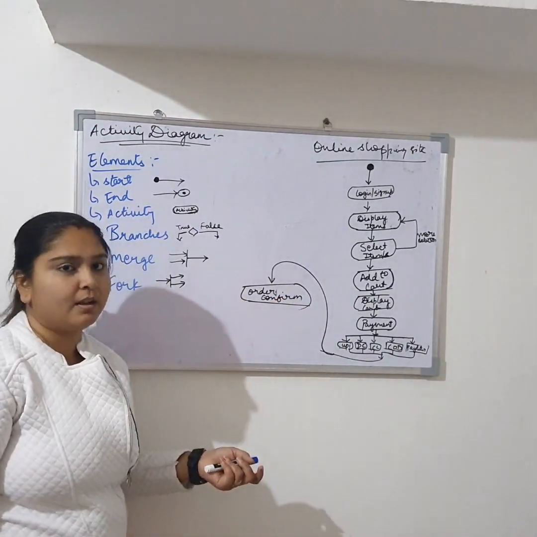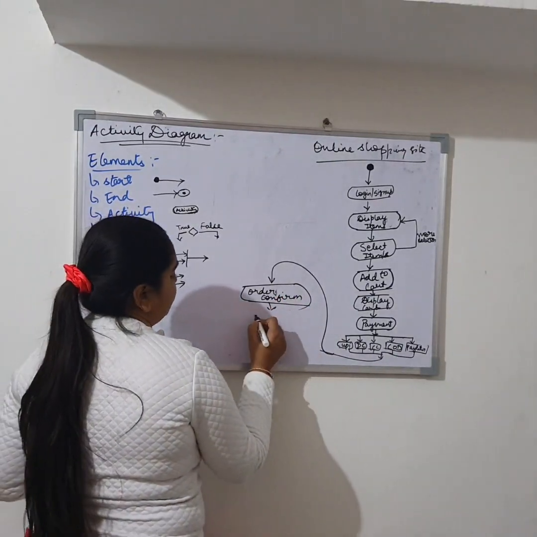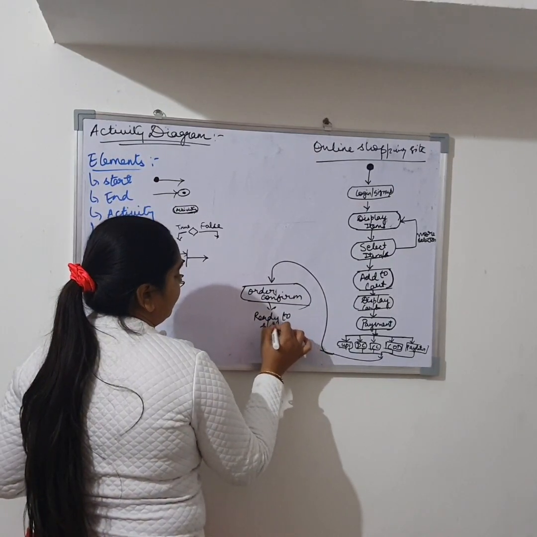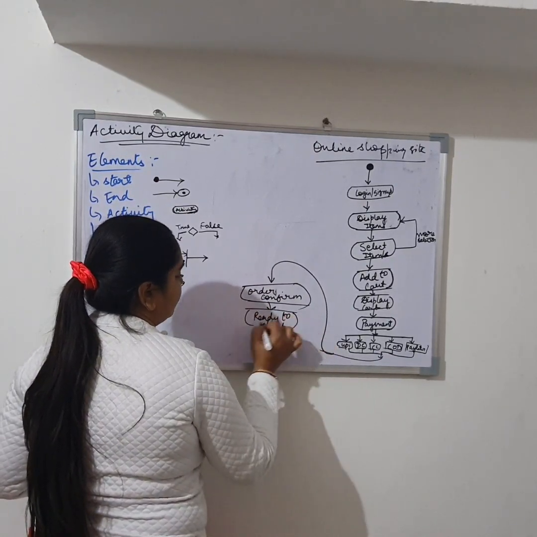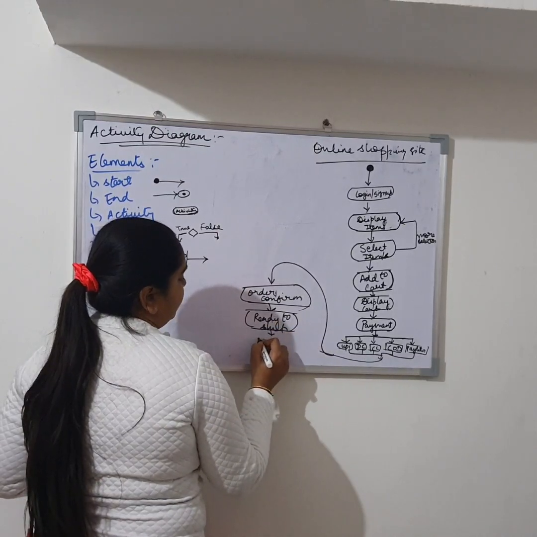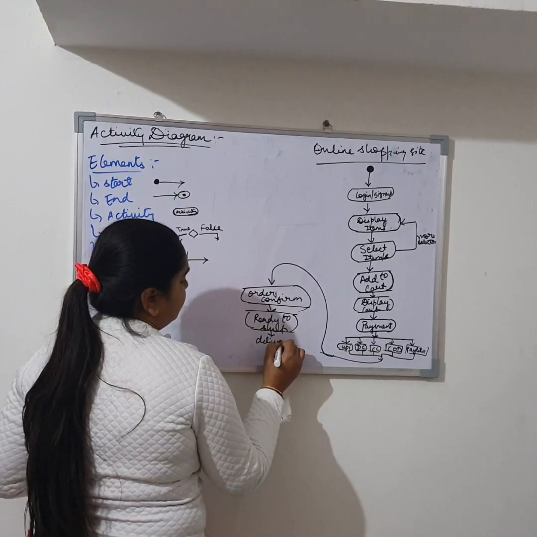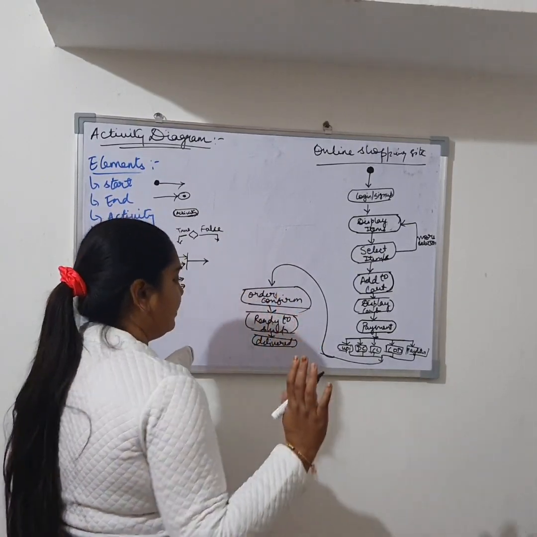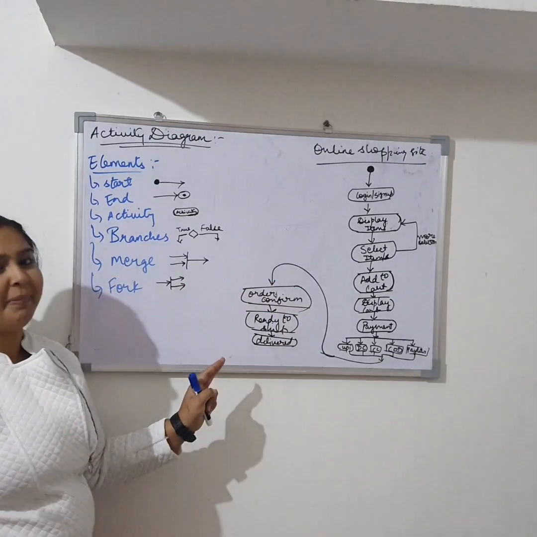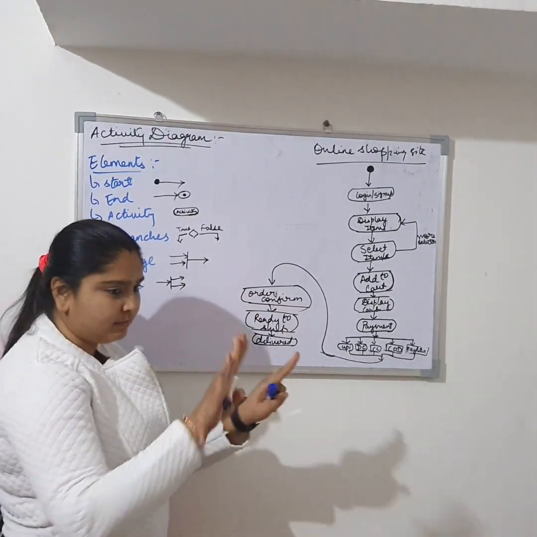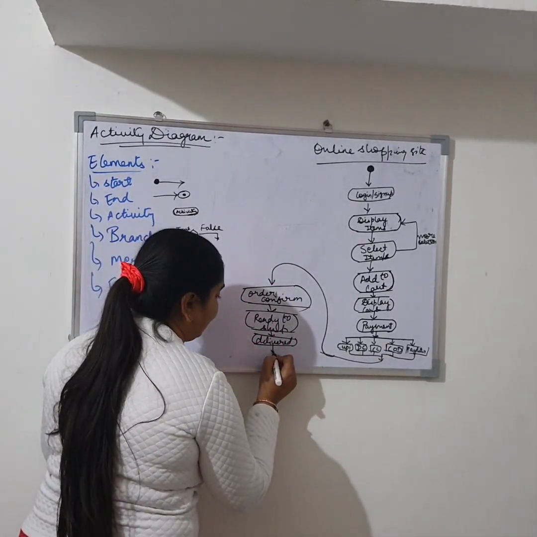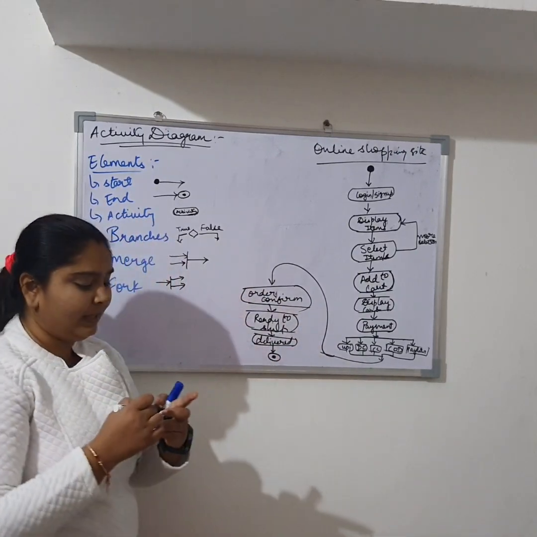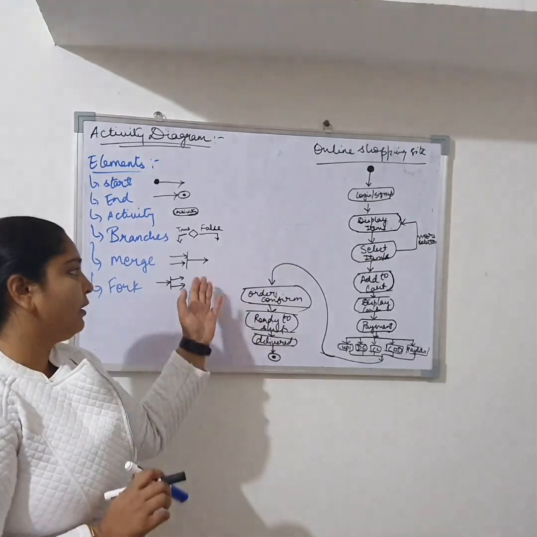As my order is confirmed, next is ready to ship. Delivered. And here my online shopping site's activity diagram stops. So I need to draw that symbol of the bullseye to stop the activities going on.